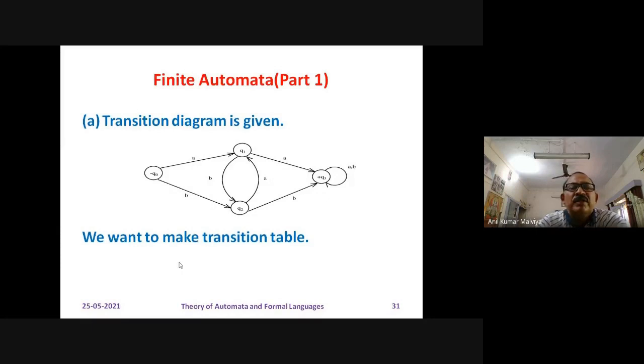Next, machine in state Q0 and input is B. It goes to the Q2. Therefore, write state Q2 in the cell Q0 and column B. Okay.